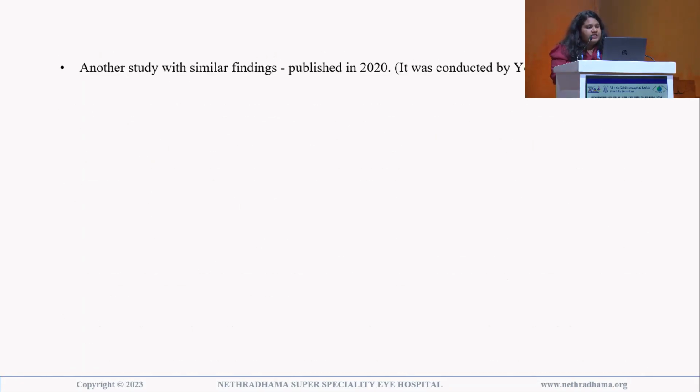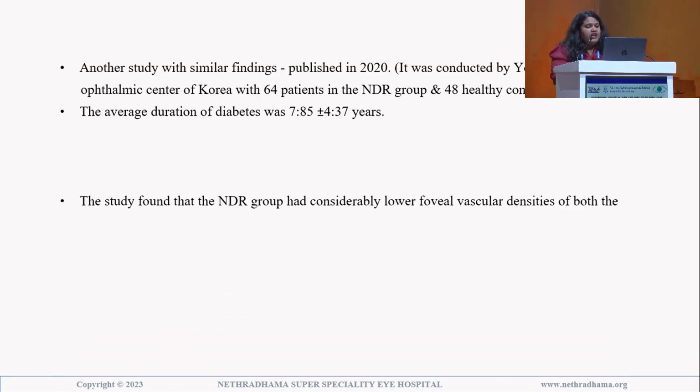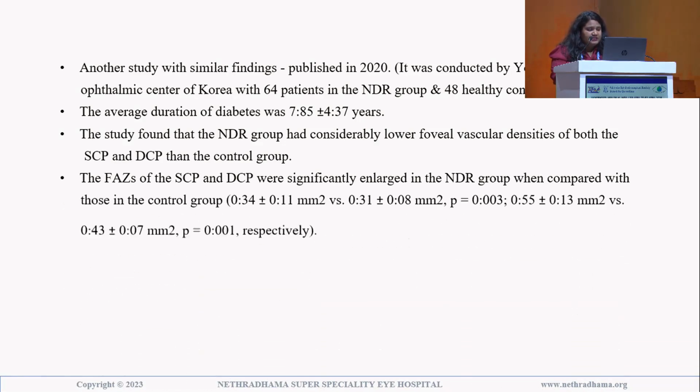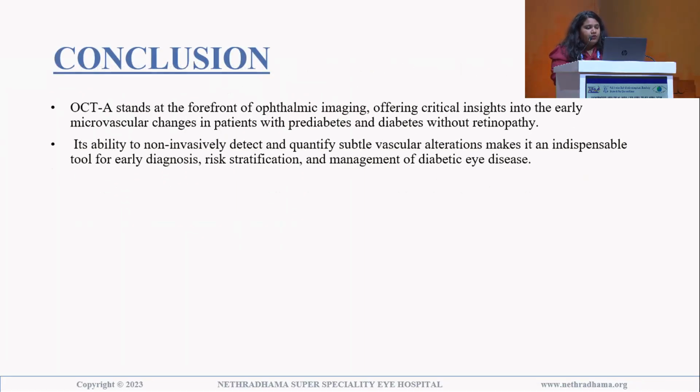A similar study was conducted in 2020 by Young et al. in Korea, where 64 patients were examined, and the study found that the non-diabetic retinopathy group had lower foveal vascular densities and increased FAZ areas. To conclude, OCT angio stands at the forefront of ophthalmic imaging, offering critical insights into the early microvascular changes in patients with prediabetes and diabetes without retinopathy.